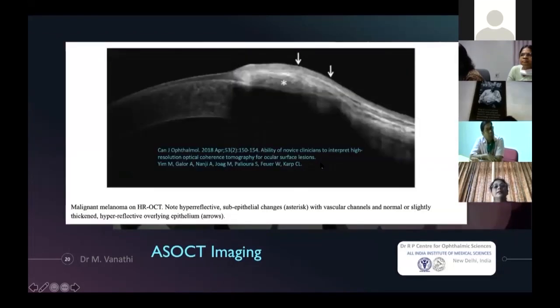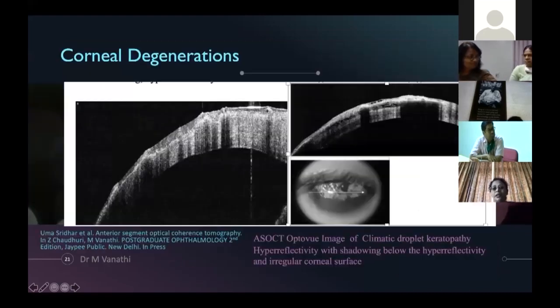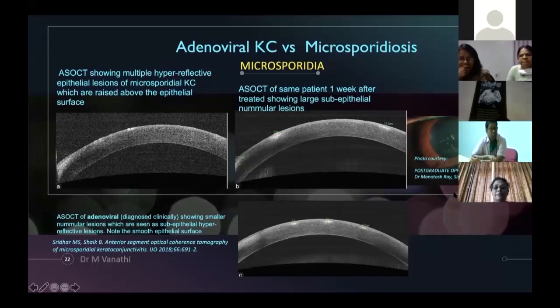There would be variants on these which you need to look at, and malignant melanomas can also have characteristic appearances which can be seen on ASOCT. Another aspect you would really want to look at is the corneal degenerations, the level at which these degenerations are placed in the corneal stroma, subepithelium and epithelium. These can be very beautifully imaged, as you're seeing in a BSK in this particular patient.